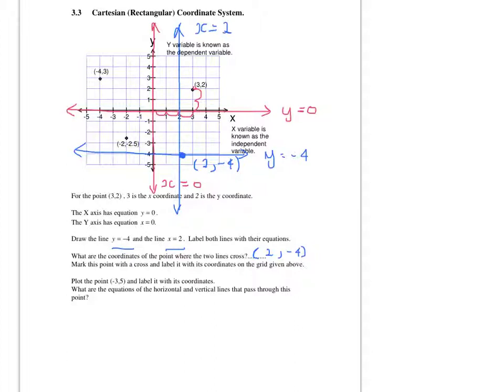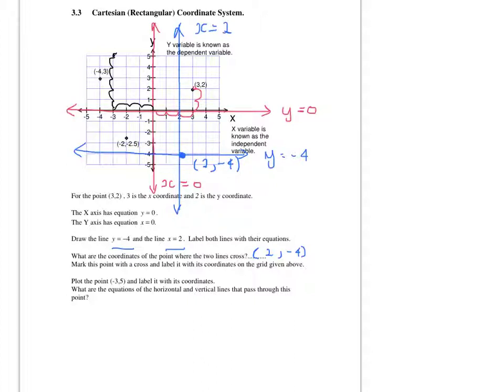Then I've asked you to plot that last point. This time the x-coordinate is -3, so that means you're going backwards in x: 1, 2, 3. And then y is 5, so that's going up 1, 2, 3, 4, 5.